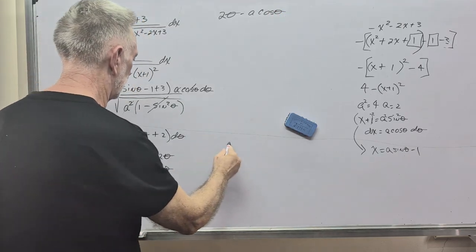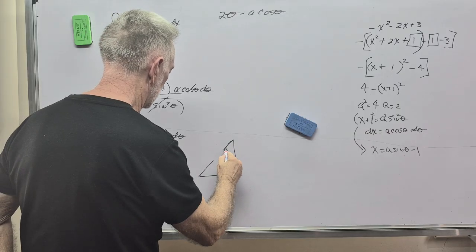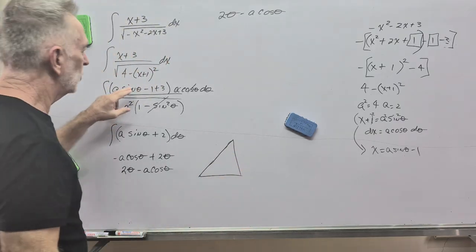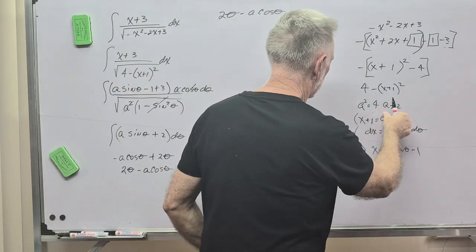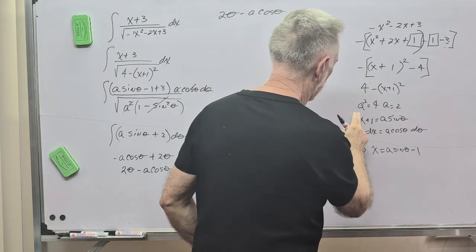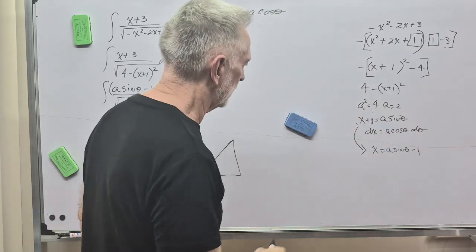Let's draw our triangle. What did we have? We had x plus 1 equals a sine theta.